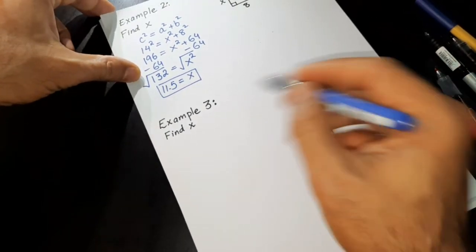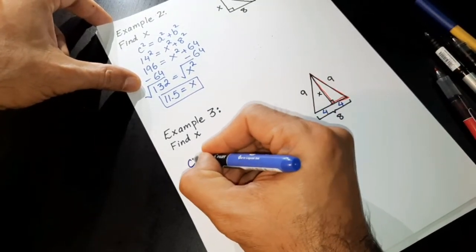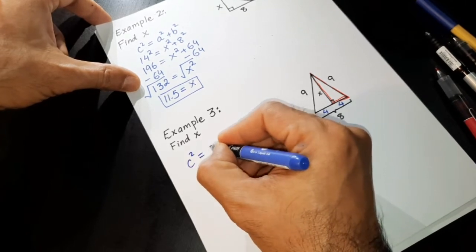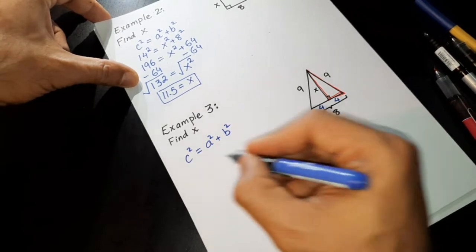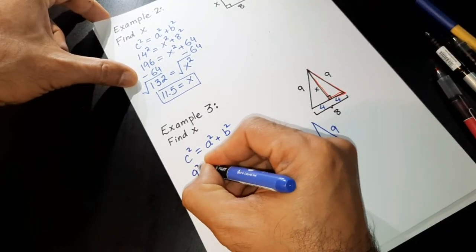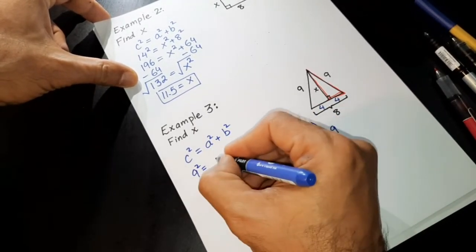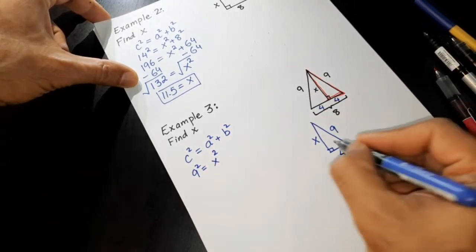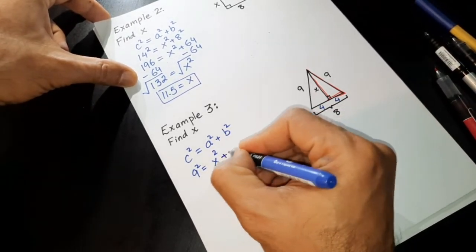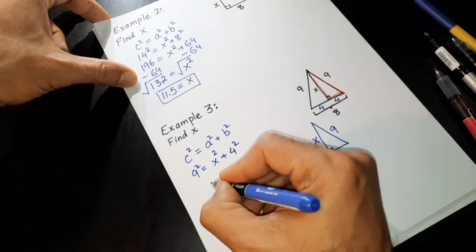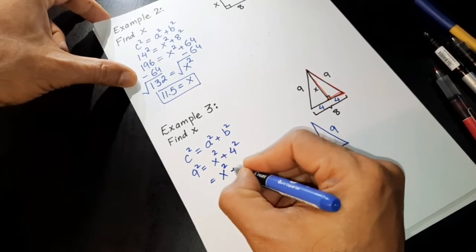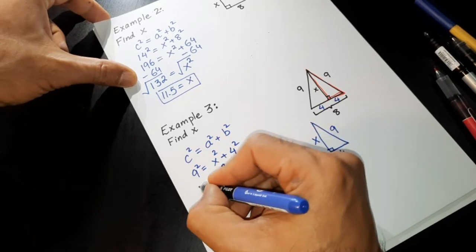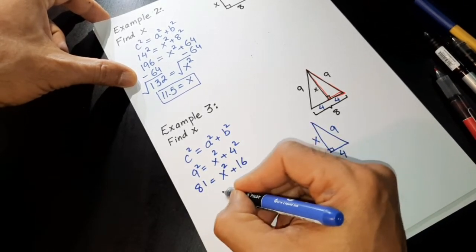Again, start with the formula. c squared is equal to a squared plus b squared. This time c is 9. So 9 squared is equal to a, as I said, should be x, and b is 4, so 4 squared. Using calculator, x squared plus 16, and 9 squared is 81.